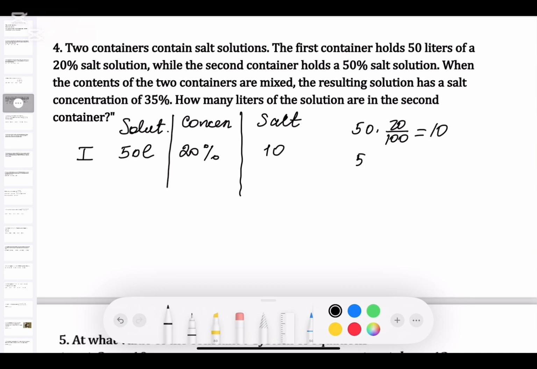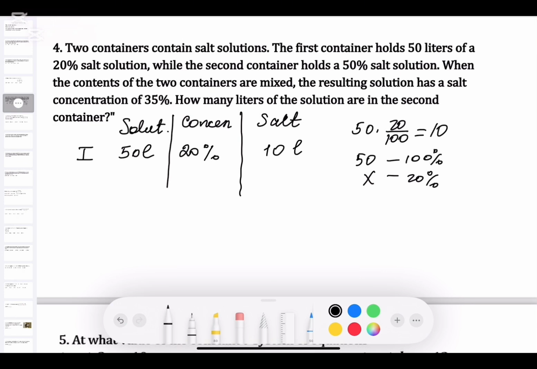So if the whole solution, which is 50 liters, is 100%, so what would be its 20%, x? And since it's direct proportion, we can use cross multiplication, and the final answer indeed would be 10 liters again.